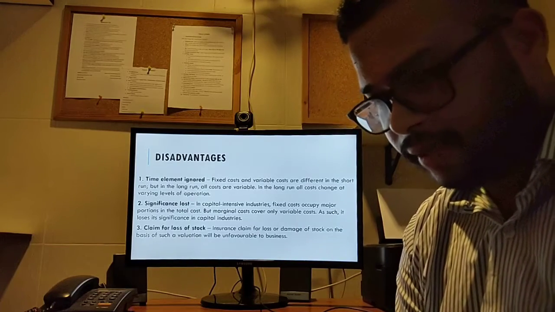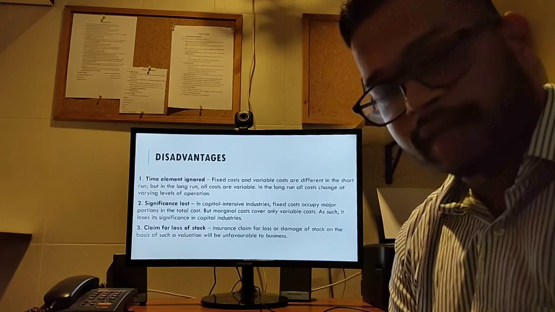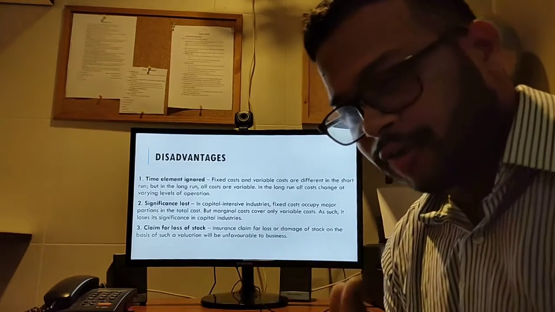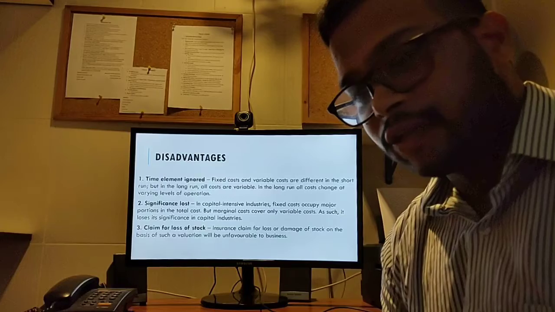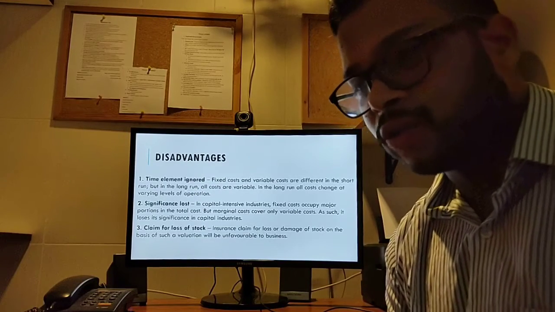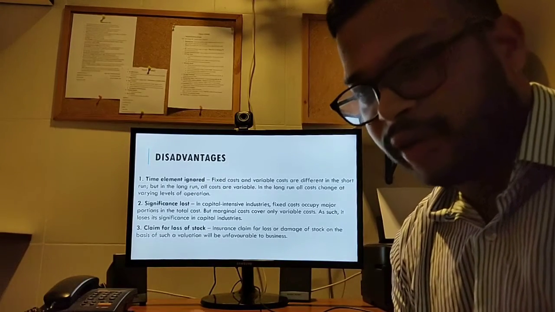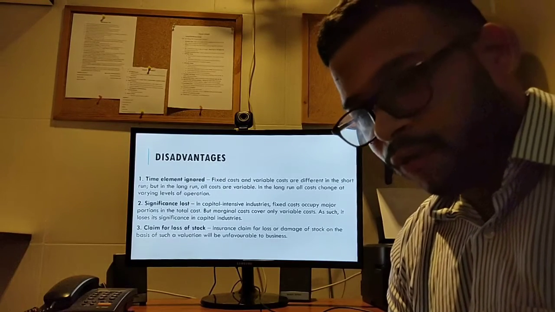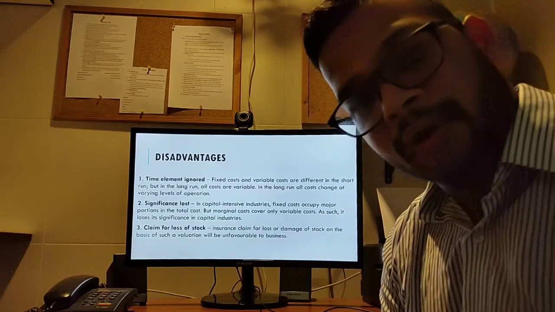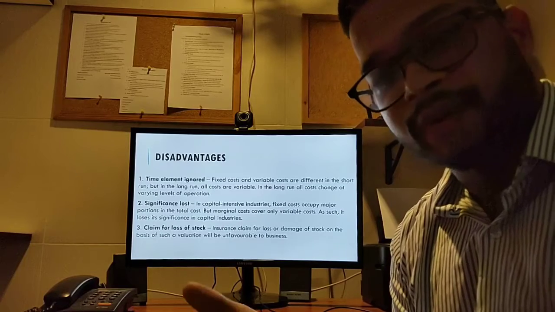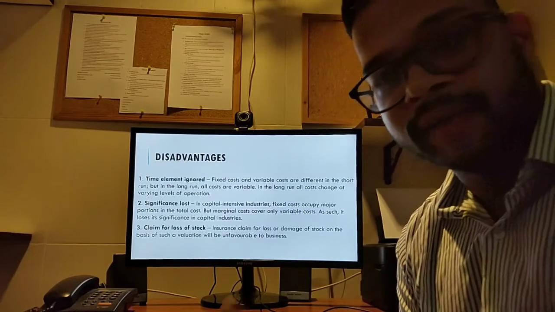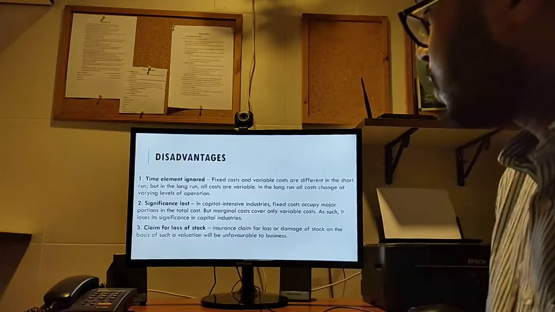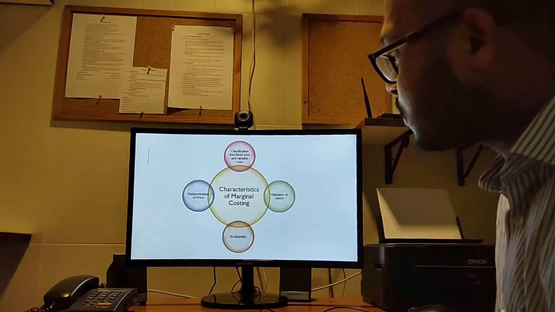Since you're not considering fixed cost in your pricing, your total cost of the product reduces, so when you're claiming for insurance, you cannot claim a high amount. You can only claim for what your variable cost stands for. If you were to include your fixed cost, the cost of damage would be higher, and that would give you a chance to claim more insurance. But that isn't the case for marginal costing. So that is another disadvantage.